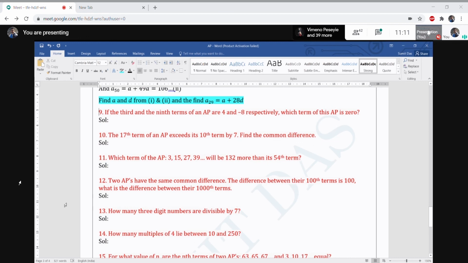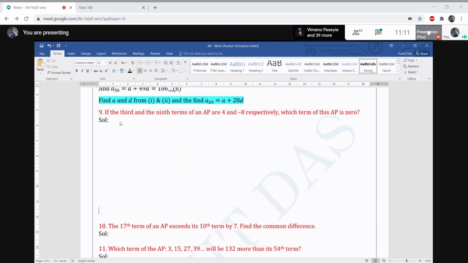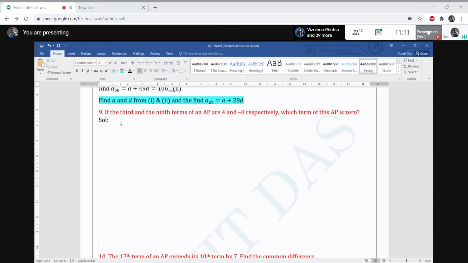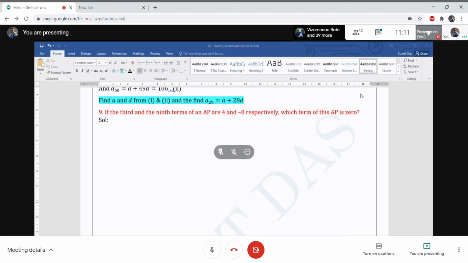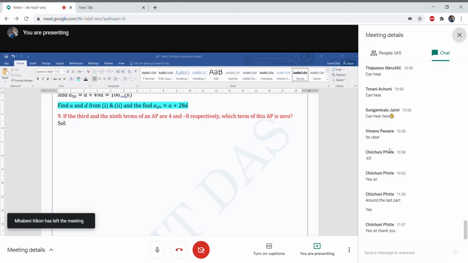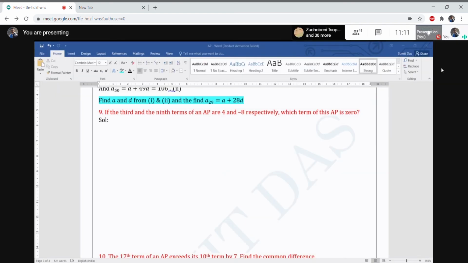Okay, number 9. If the third and ninth term of an AP are 4 and minus 8, which term of the AP is 0? This is a very good question. This is also the same as before.